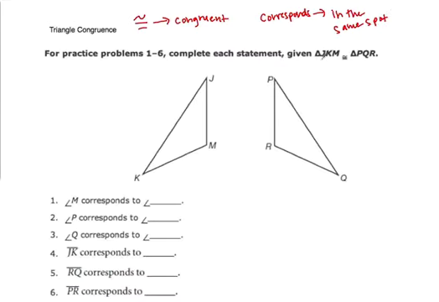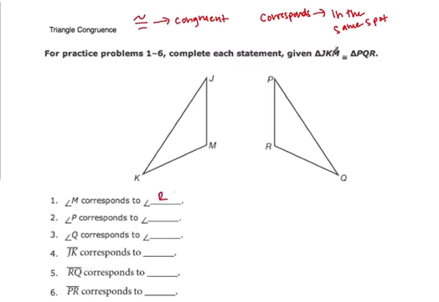One way that you can do that is you can look at the way that it's written. If you're given something like this, where it says given triangle blah, blah, blah is congruent to triangle whatever, then you ask, what is in the same place as M? Looking at the way it's written, in the same place as M is R. So M and R correspond to each other, which just means that they're in the same location.